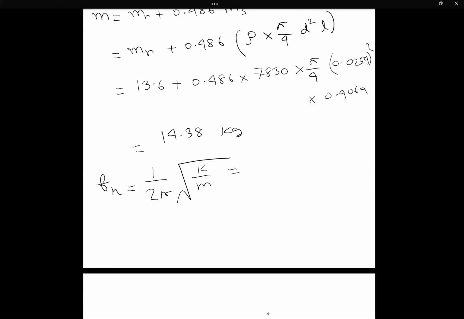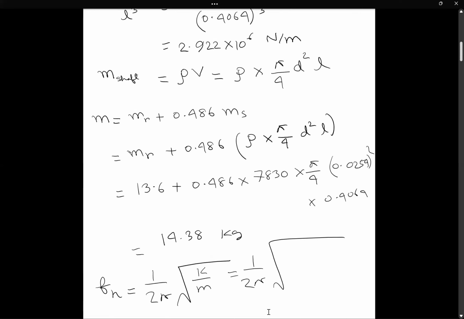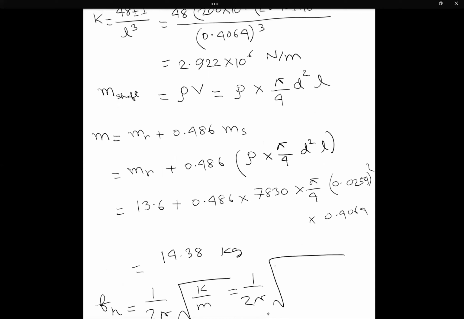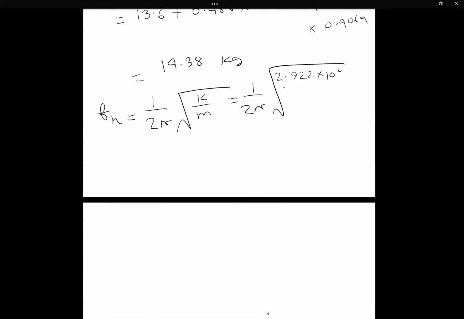Now we can calculate the natural frequency fn, which is 1 by twice pi root over K by M. We got K as 2.922 times 10 to the power 6 and M as 14.38. So I got the value of natural frequency as 71.74 Hz.